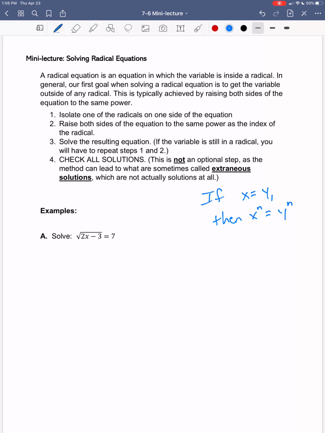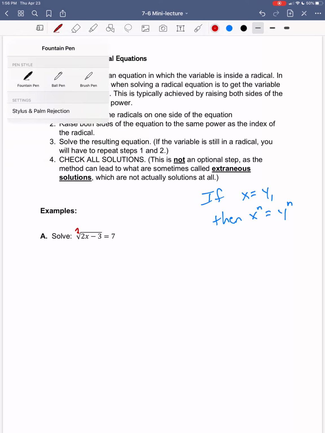So this first example: solve the square root of 2x minus 3 equals 7. Notice I already have the square root by itself on one side of the equation, so I don't really have to worry about step 1 here. Then I'm going to note what the index is. There's no index written here, so there's really a little 2 there.